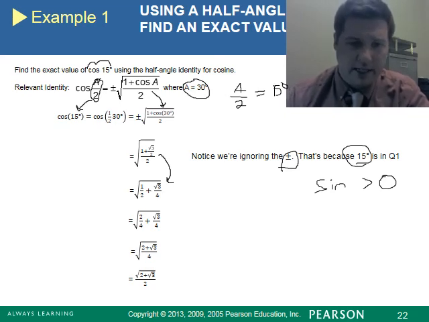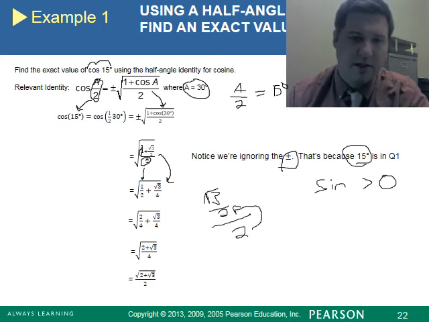Second, the actual calculation. I took this 1 and divided it by 2. I took square root of 3 over 2 and divided that by 2. When you do that, this 2 just gets multiplied by this 2 to get 4.